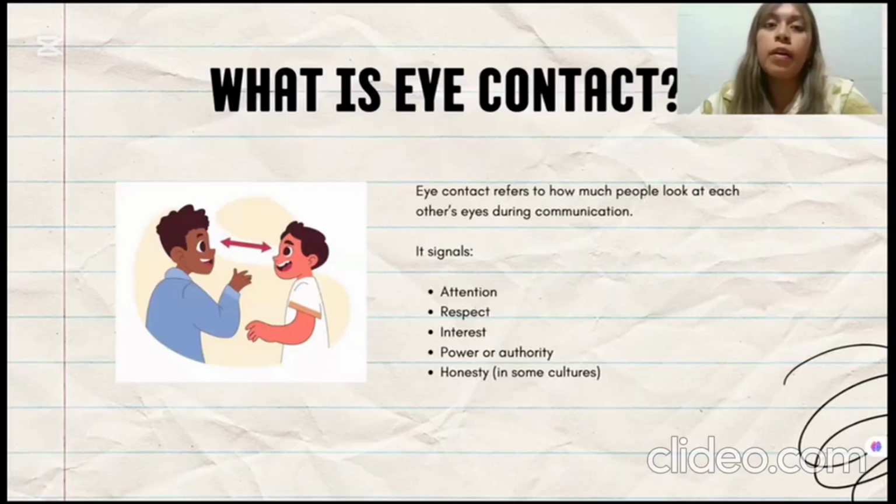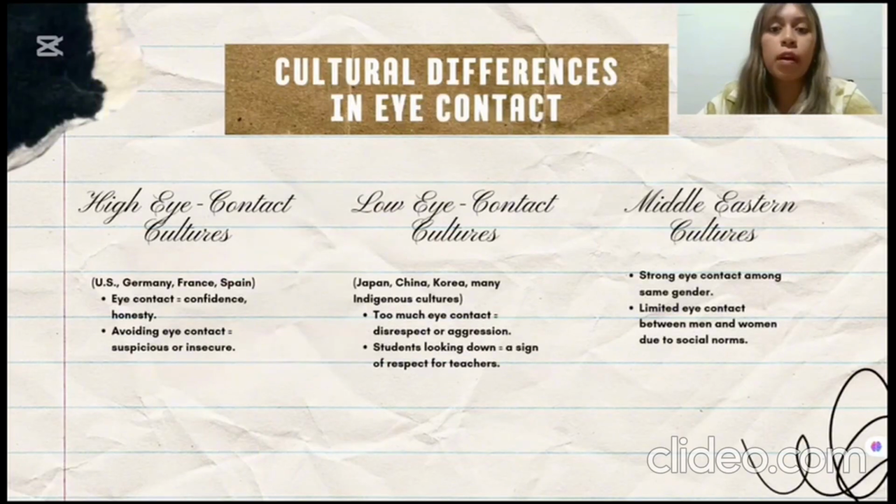Okay, now we have eye contact. Eye contact refers to how much we look into someone's eyes while communicating. It expresses attention, respect, confidence, or even power. Eye contact also varies a lot across cultures.